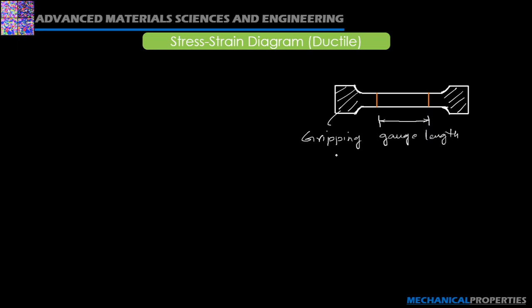So this is the gripping portion from where the jaws of the UTM hold the specimen. On application of the load, the specimen elongates, and the load is always applied gradually.